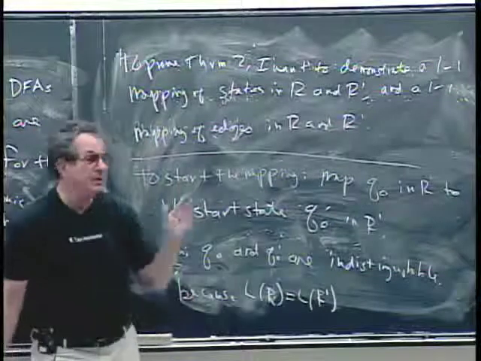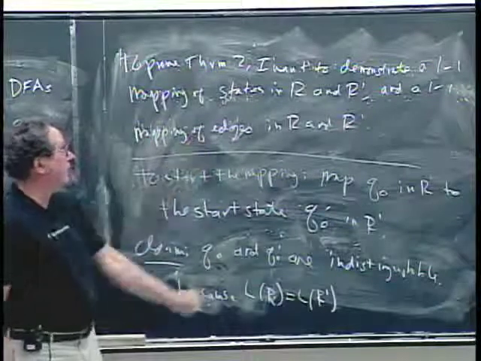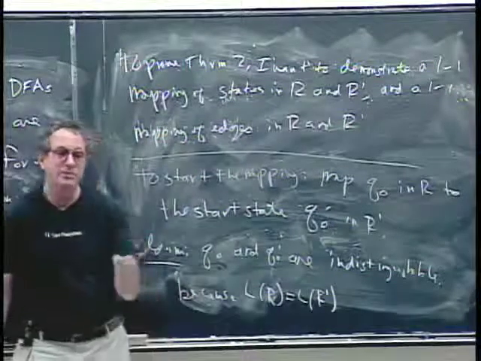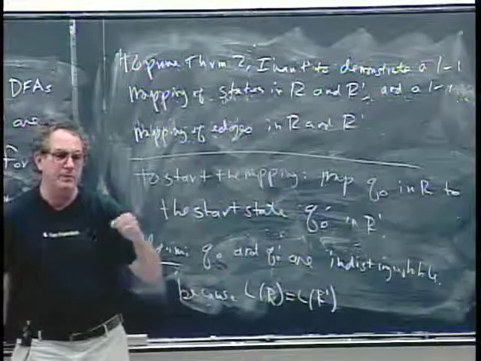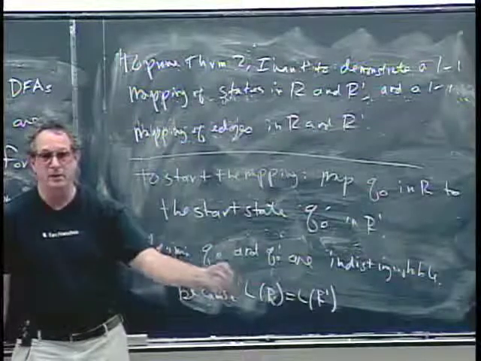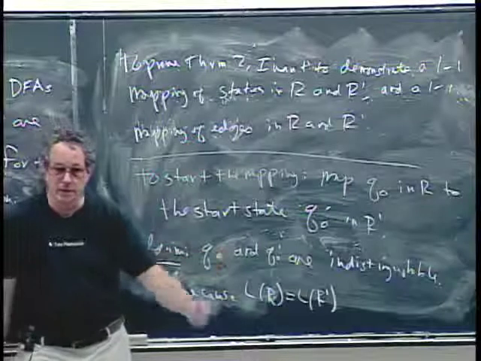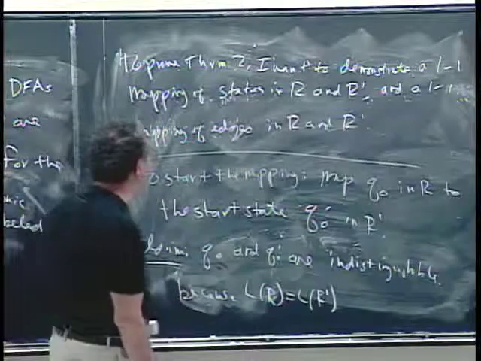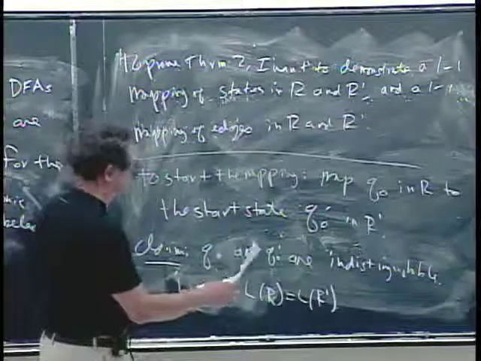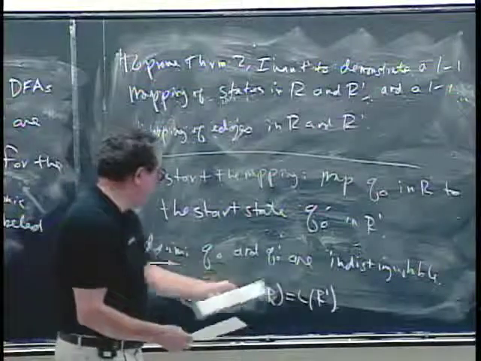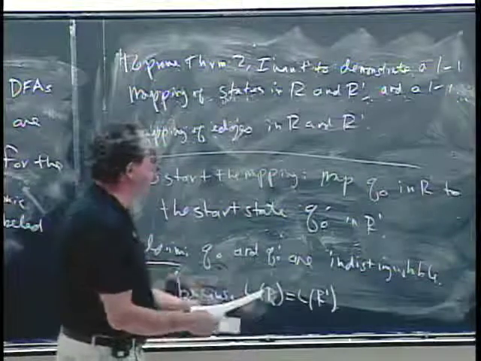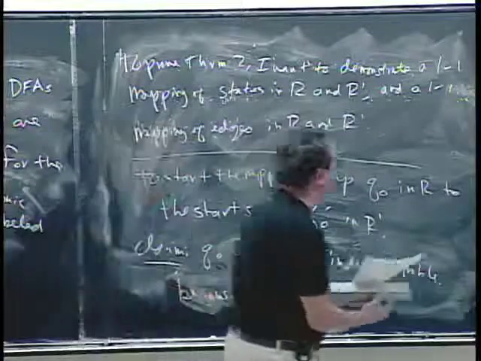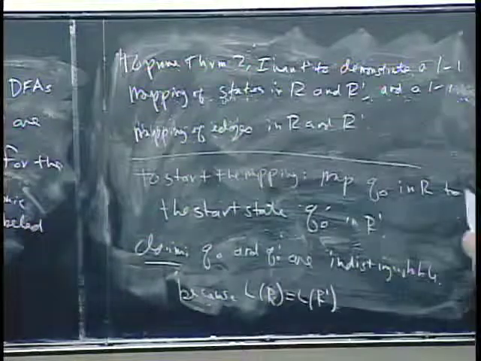And then the mapping that we're looking for will always be mapping one state to an indistinguishable state, one state in one machine to an indistinguishable state in another one. And we've just begun that by that little step there.